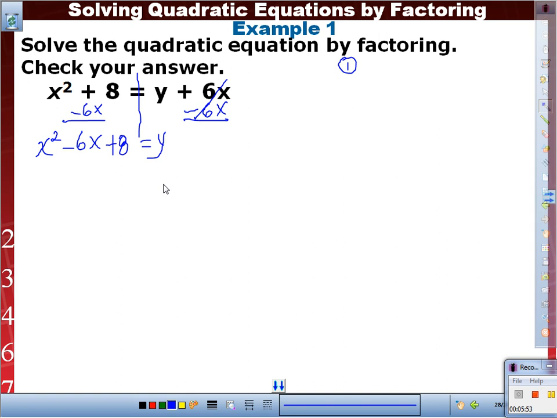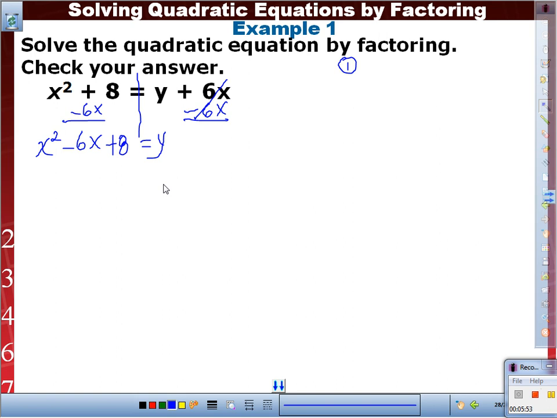Even though it seems like I only did one thing, I did 2 main ideas here at the beginning. 2 things need to be true in order for me to begin solving. And I just did both of them in one.